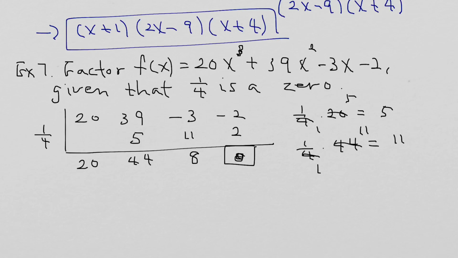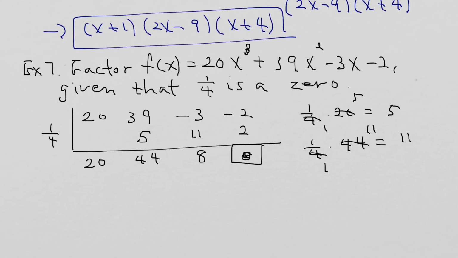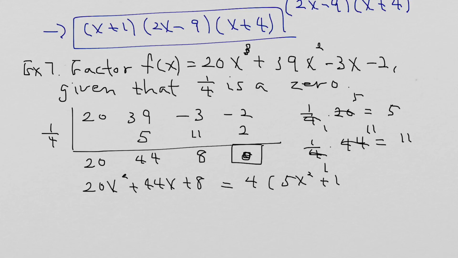So you just basically need to do all those multiplications to get those numbers. This gives you 20x squared plus 44x plus 8. And you have a common factor of 4. Then you're going to get 5x squared plus 11x plus 2.